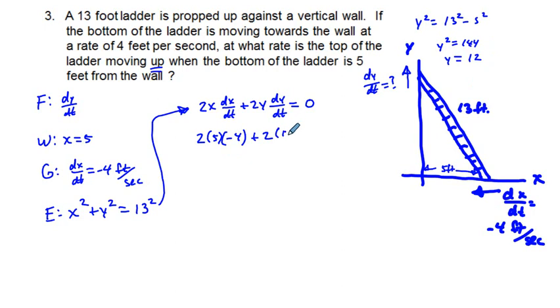We have 2 times 12 times dy dt, and that's going to be equal to 0. And 2 times 5 times negative 4, that's going to be negative 40.